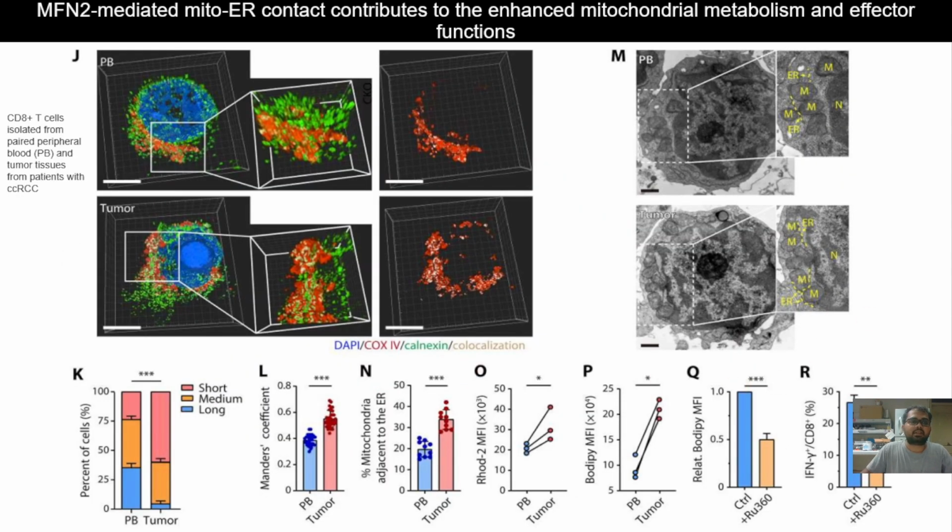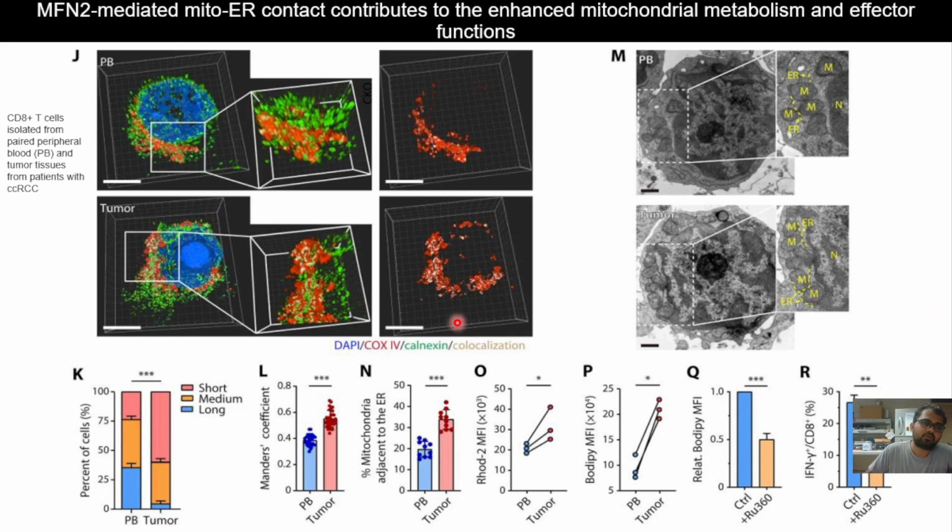Further, what they did is they try to establish that this mitochondria-ER contact and this calcium is responsible for this CD8 T cell function. So MFN2 mediated Mito-ER contact contributes to the enhanced mitochondrial metabolism and effector function. So basically they are correlating this amount of calcium inside the mitochondria to the effector function of CD8 T cells.